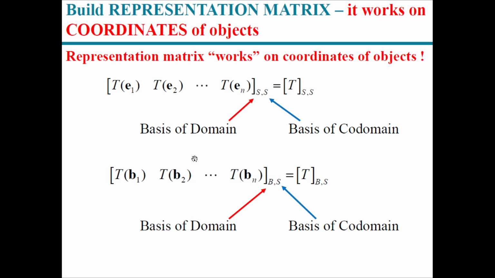Now if I use a different basis for the input space, for the domain, if I use basis B, then in the columns I'll have the image of each basis vector from basis B under the action of the linear transformation T. So basically I apply T to each basis vector from basis B, and I put the results in corresponding columns. So what I get is a representation matrix relative to the basis B for the domain and standard basis for the codomain.